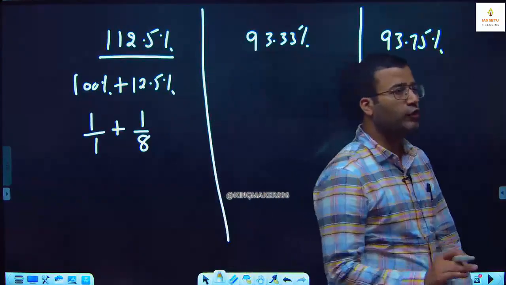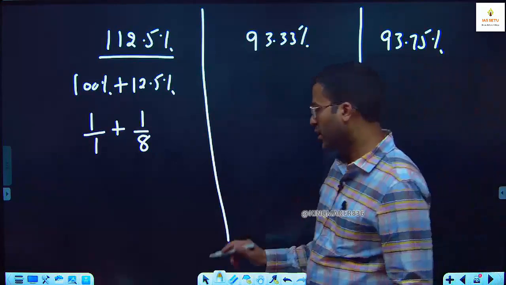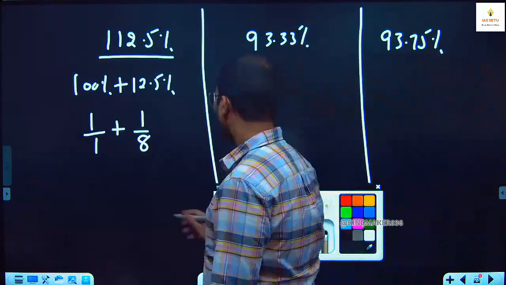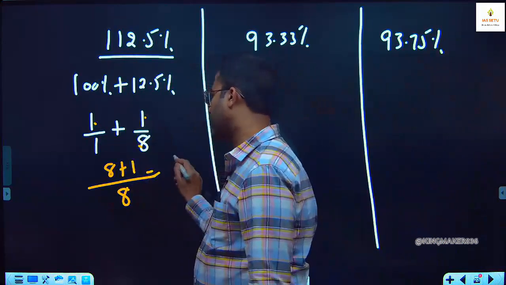And I think all of you are comfortable with what 1 plus 1 by 8 is. Direct 9 by 8, or what you have to do, this is 8, 8 plus 1. This is 9 by 8.